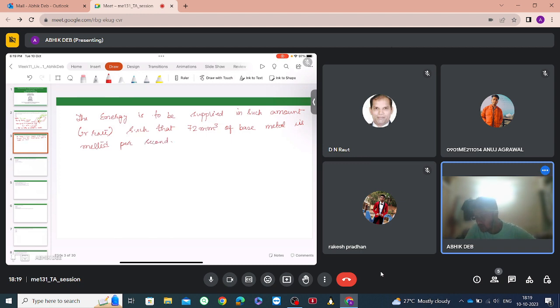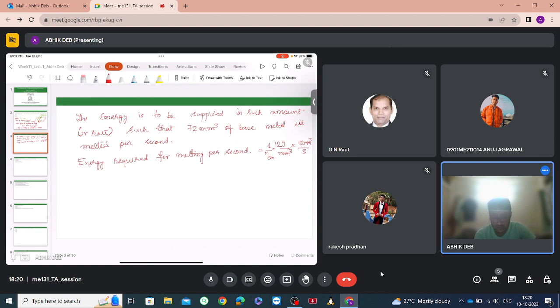Since 12 joule is required for melting 1 millimeter cube, the energy required for melting per second is equal to this 12 joule, required for melting 1 millimeter cube of the material, multiplied by what is melted per second, 72 millimeter cube in 1 second, and there will be the melting efficiency, so 1 upon the melting efficiency.